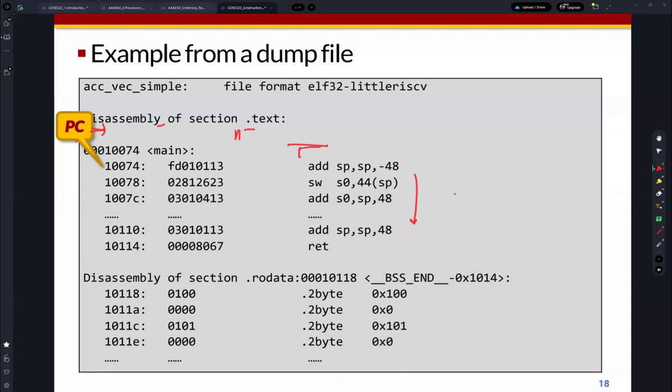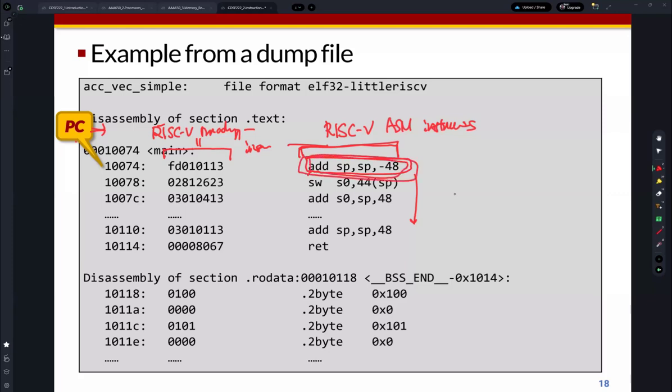This column shows the RISC-V assembly instructions. And this column shows the RISC-V machine instructions. The assembly instructions are generated by the compiler, and then the assembler generates the machine instructions.